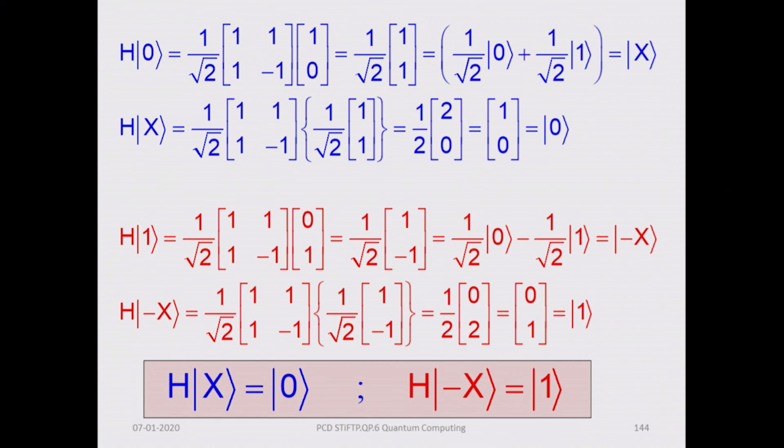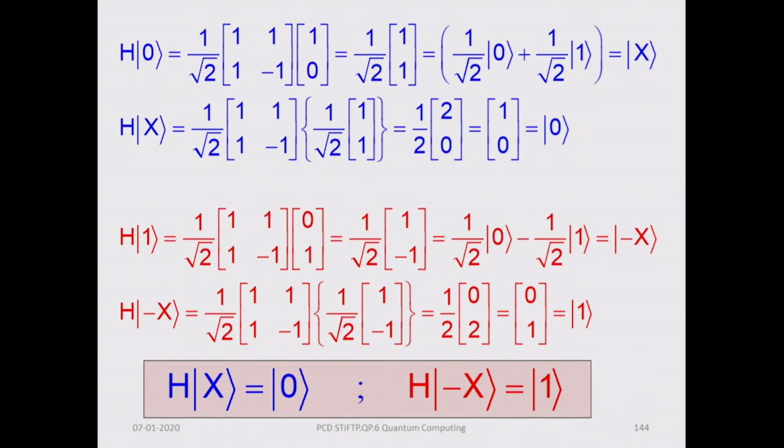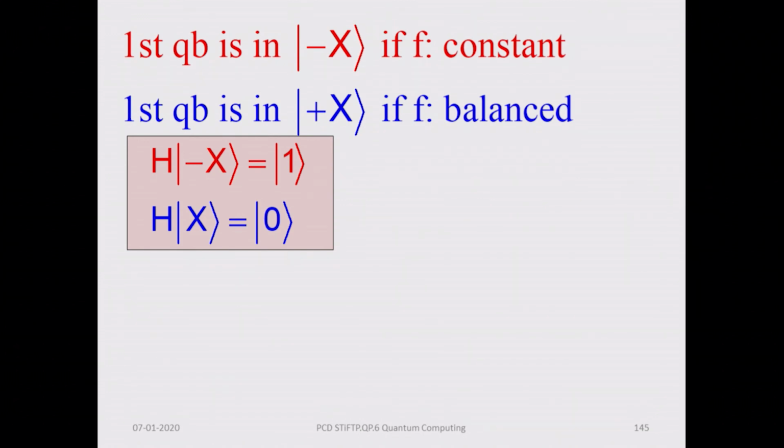So we have seen that. So if you just pass this output from the function control not gate, then whether you get 0 or 1 will tell you whether the function was constant or balanced.